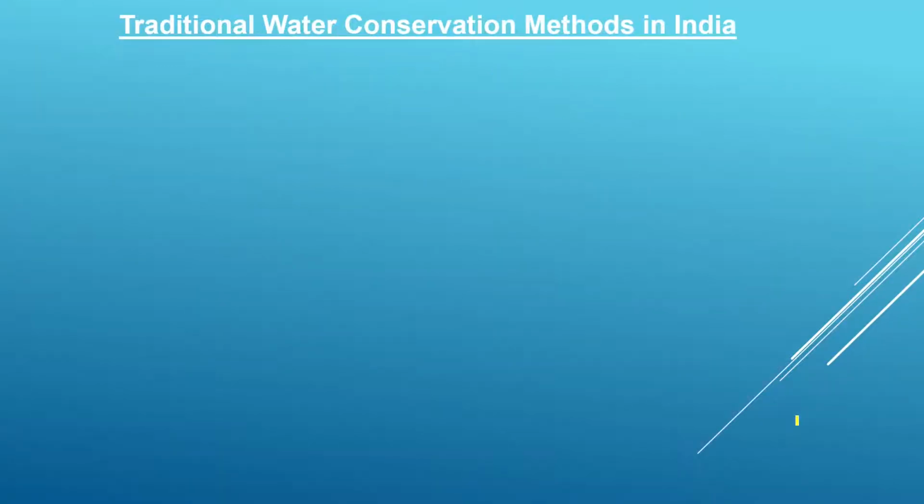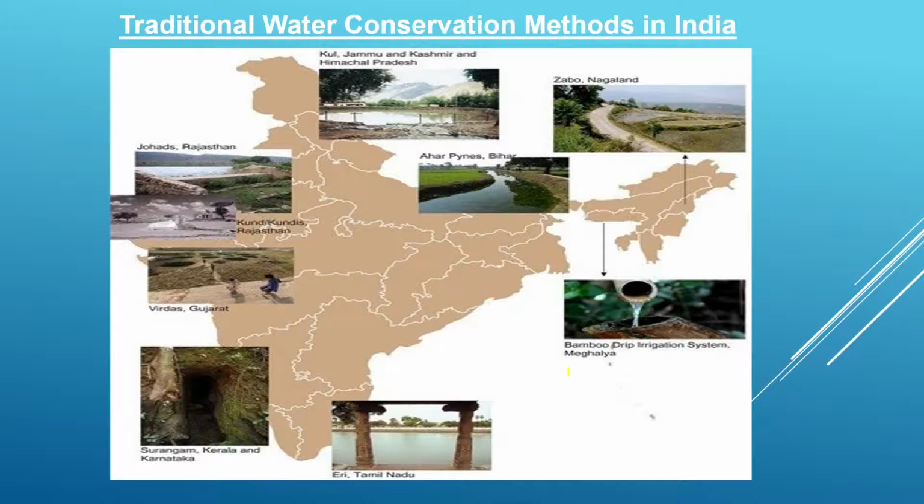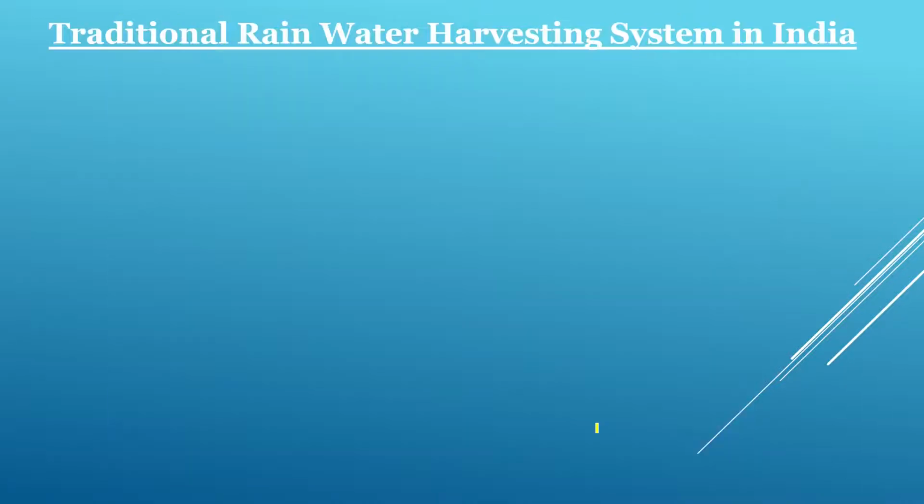Traditional water conservation methods in India: bamboo drip irrigation in Meghalaya, Zabo in Nagaland, Ahar pynes in Bihar, Kuhl in Jammu Kashmir and Himachal Pradesh, then Johars in Rajasthan, and then Kundis in Rajasthan, then Bhiddas in Gujarat, and Surangam in Kerala, Karnataka along the Western Ghats, the southern extension of Western Ghat, Eri in Tamil Nadu.